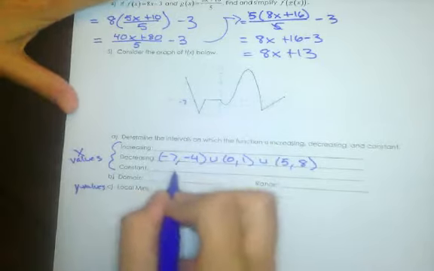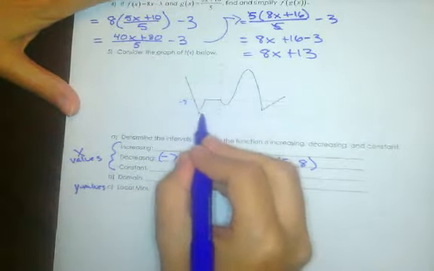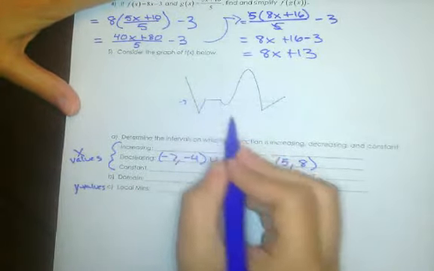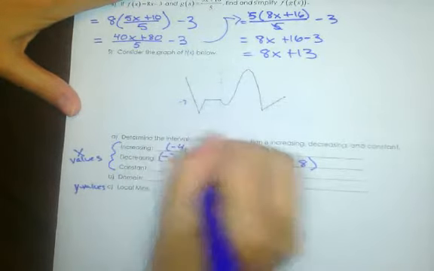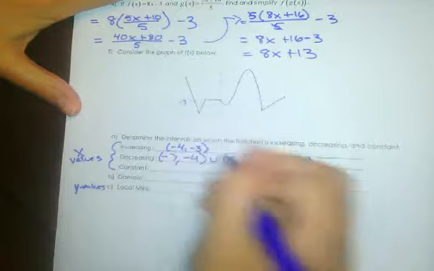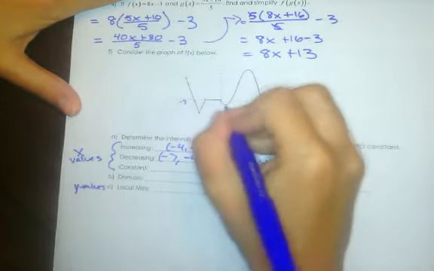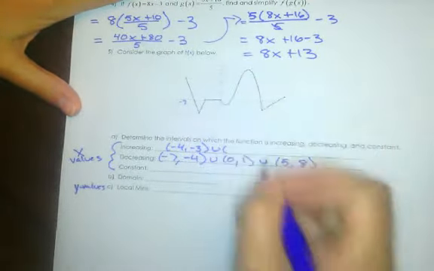And we see that then it's increasing, right, from -4 to -3. So -4 to -3, union, and then it's increasing again from 1 until 5.